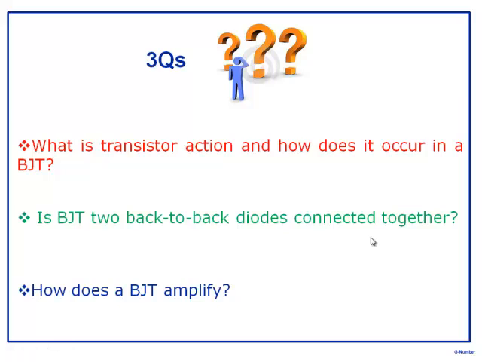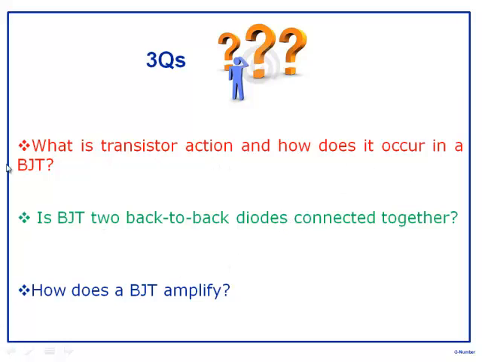The first thing is, when I call a three-terminal device a transistor, what do I really mean? In effect, what is transistor action? When can I call a three-terminal device a transistor? Once we understand that, we need to understand how it occurs in a bipolar junction transistor.